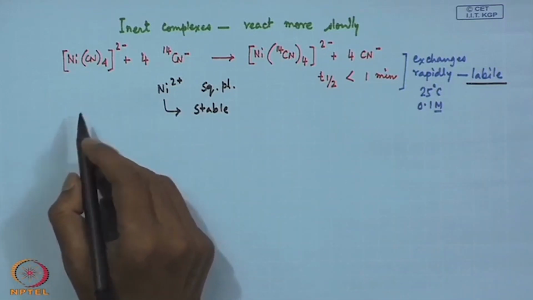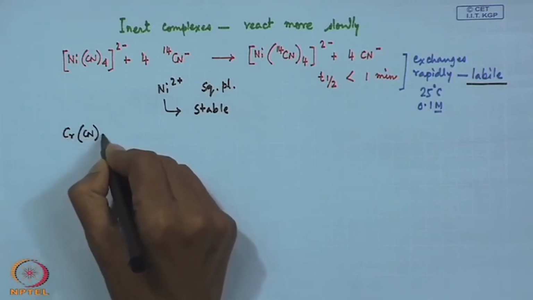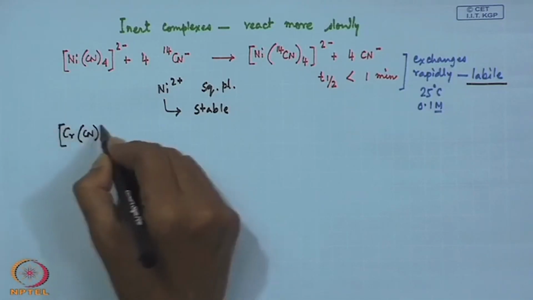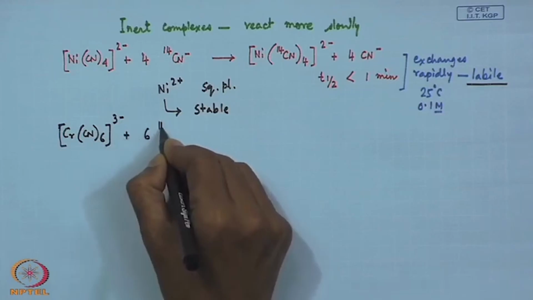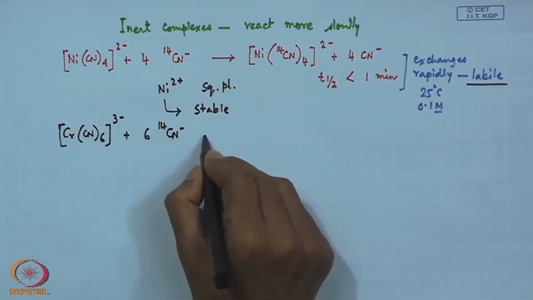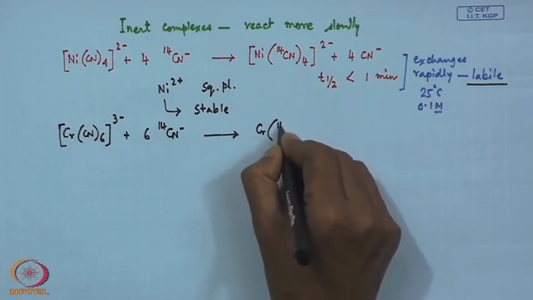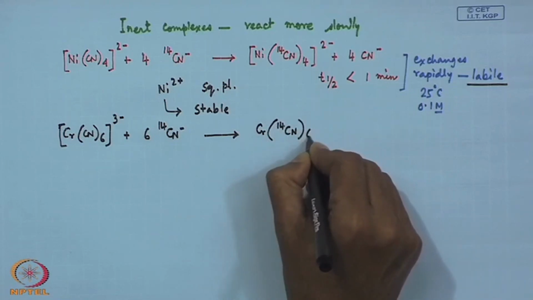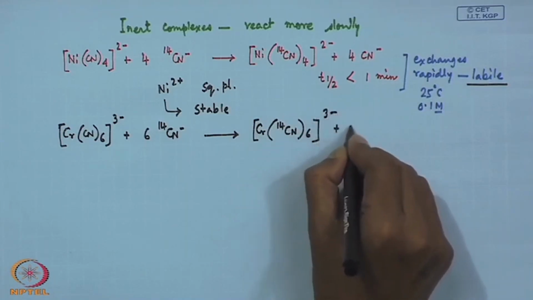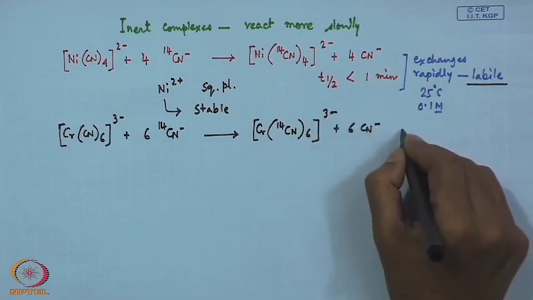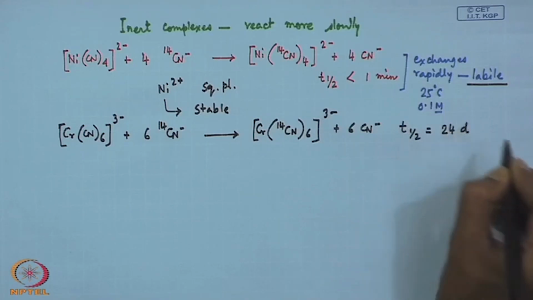Similarly, in the case of another cyanide complex, hexacyanochromate, which when exchanges with radio labeled cyanide, we get [Cr(14CN)6]3- plus 6 CN-, and in this particular case our t half is 24 days.